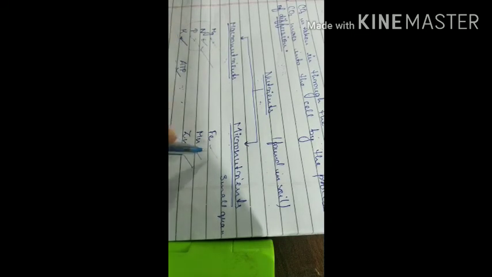Now moving towards the micronutrients. These are essential for the plant but in small quantity. What is the function of iron? Iron in plants is a constituent of protein.